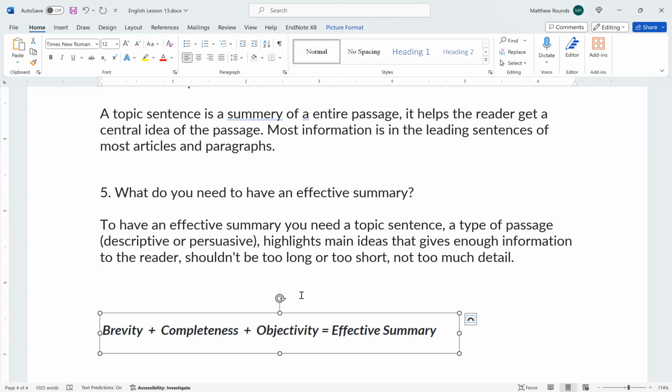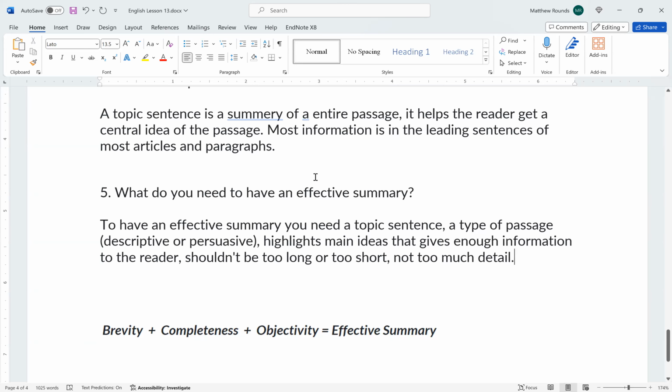So maybe just a sentence that says, in summary, an effective summary includes the following: brevity, completeness, and objectivity. Something like that.